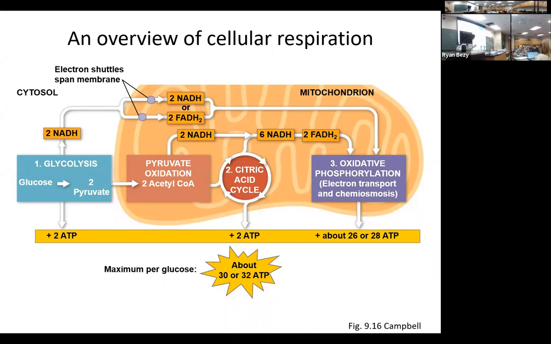And so you can draw out where these processes are located: glycolysis in the cytoplasm. Citric acid cycle is in the mitochondrial matrix in the middle of the mitochondria. Electron transport chains are enzymes that are embedded inside of the inner membrane of the mitochondria, and they pump protons between the two membranes to the intermembrane space.